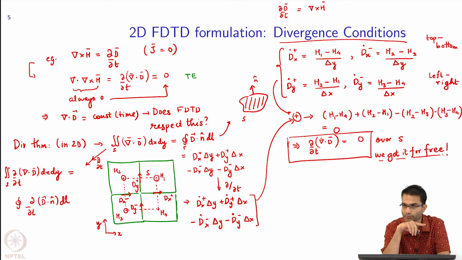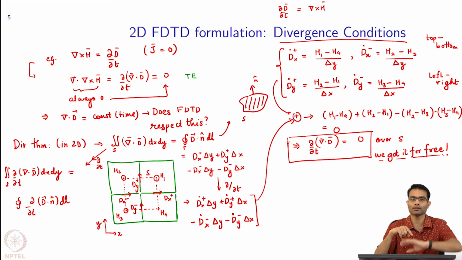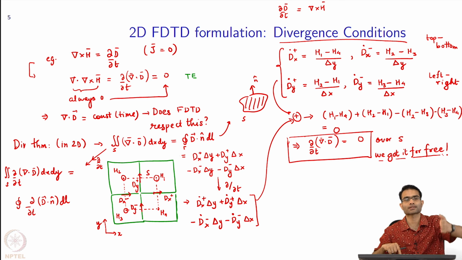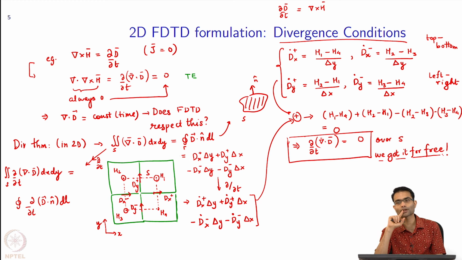For the TM case, how will we prove it? Yeah, because there is only Ez involved. Right. So, there we will have to take our S not in the xy plane, but we will have to take it in, let us say, the zx plane or zy plane or something like that, right. But that again won't help me very much, because my E will be along the n hat, I mean sorry, perpendicular to n hat.